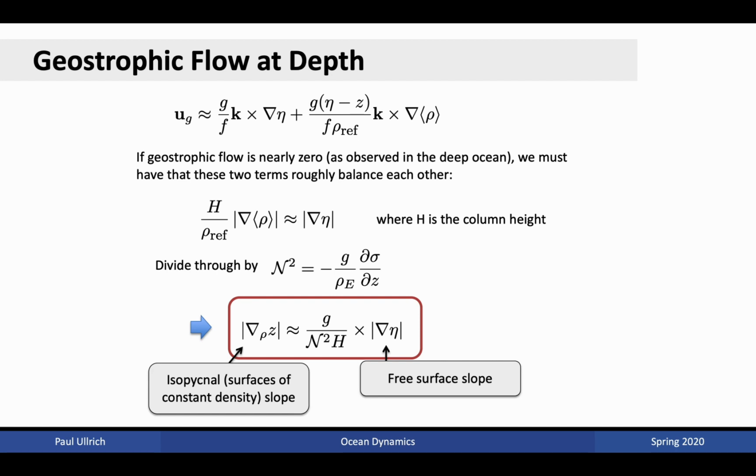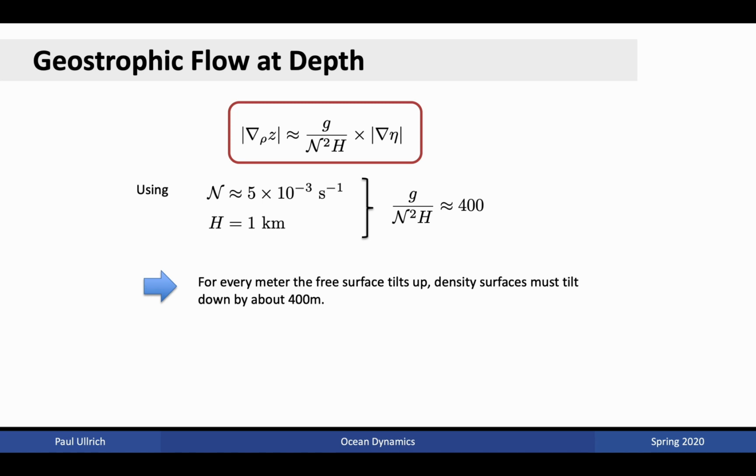If we divide this expression through by the square of the Brunt-Väisälä frequency, then we can actually see from this expression that the magnitude of the slope of the isopycnals, that is, surfaces of constant density, must be approximately equal to g over the Brunt-Väisälä frequency squared, also divided by the column height, times the magnitude of the free surface variations, or in other words, the free surface slope.